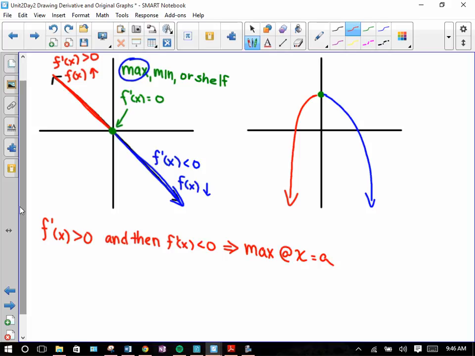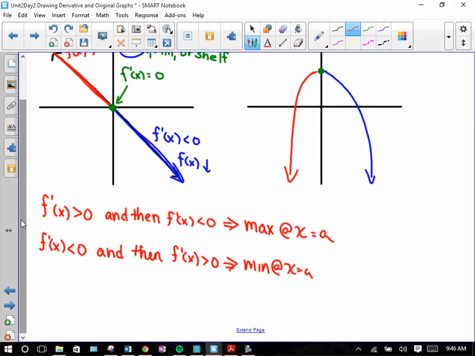That gives us a maximum at x equals a. If f prime of x goes from being negative to positive, that tells us it's going to have what? A minimum. And then we have two cases.